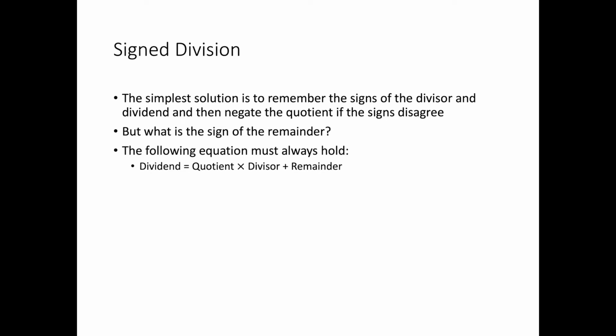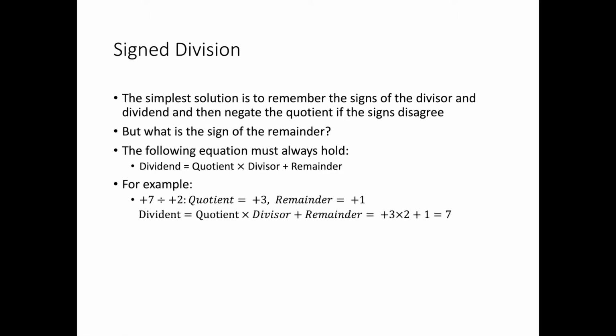Recall that we talked about this before: dividend equals quotient times divisor plus remainder. In this example, if we divide 7 by 2, then clearly the quotient should be 3 and the remainder is 1. All those numbers are positive.